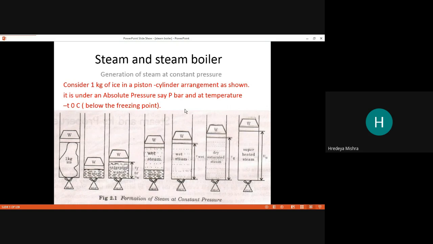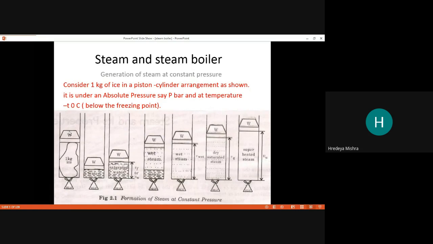So here, steam and steam boiler: generation of steam at a constant pressure. Consider 1 kg of ice in a piston cylinder arrangement as shown below.